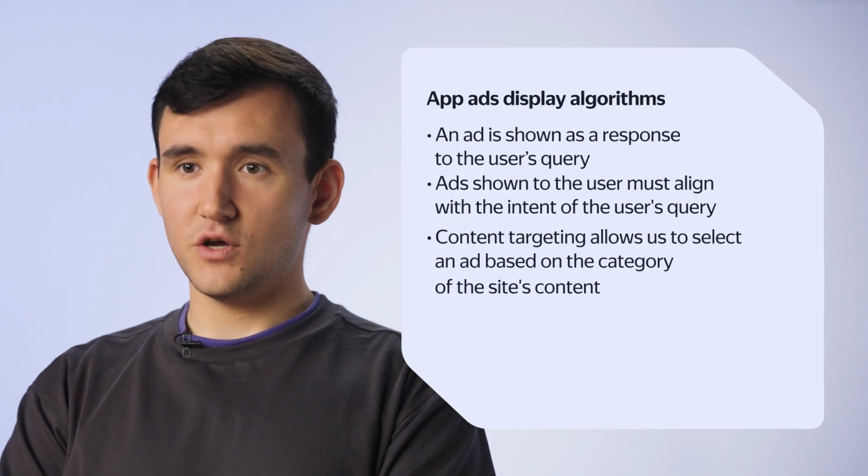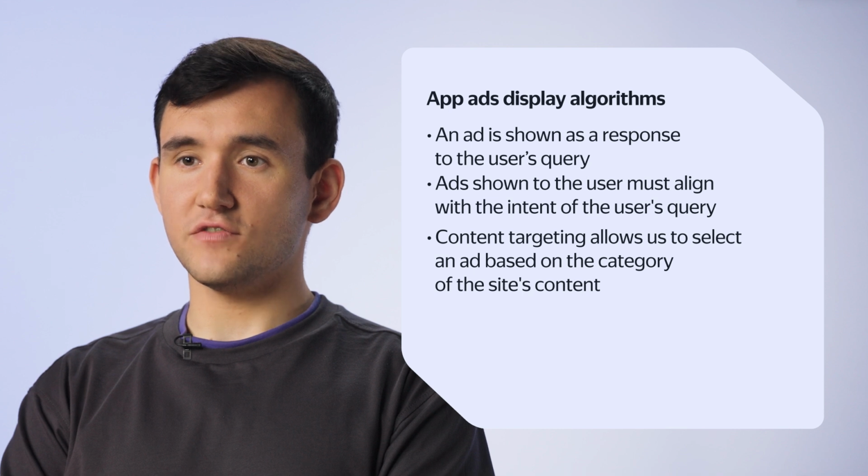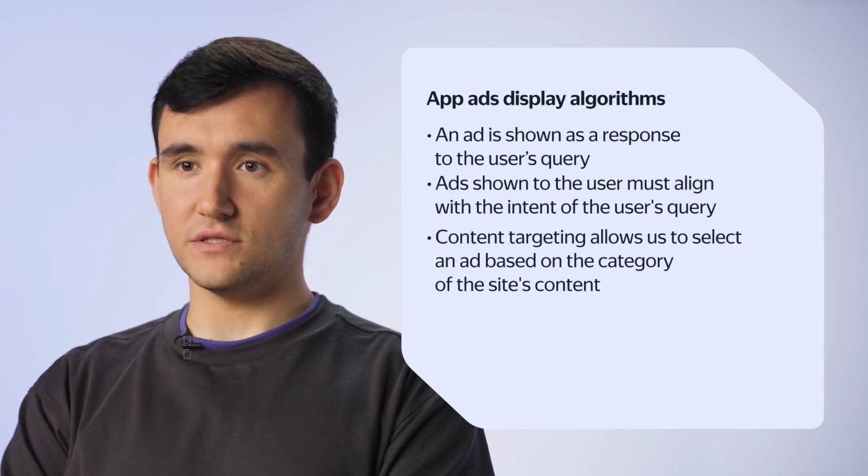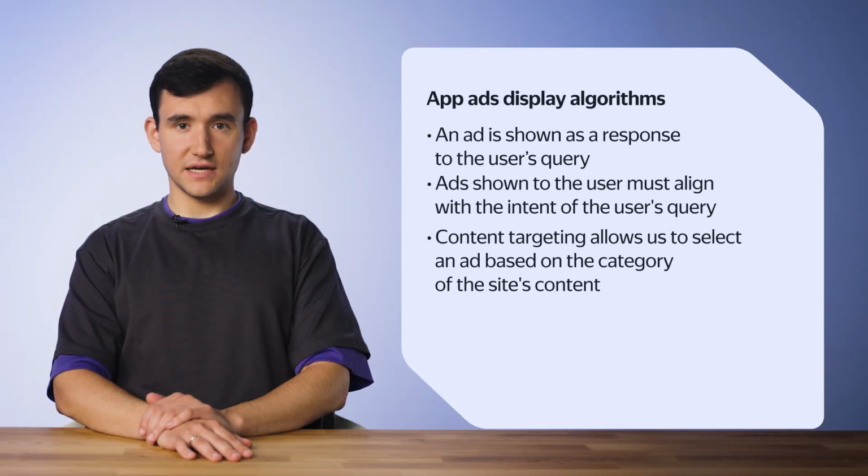Our advertising network doesn't have explicit search queries. That is to say, there is no search bar for the user to enter such a query. Because of this, we use other algorithms to serve ads within the advertising network: behavioral and content targeting. Behavioral targeting is the main advertising method used within the Yandex advertising network.